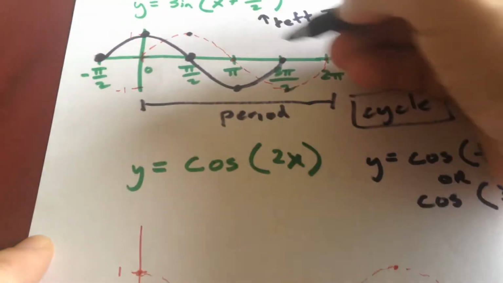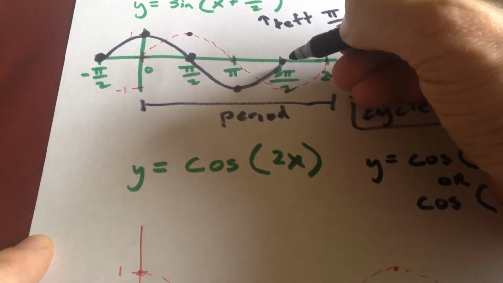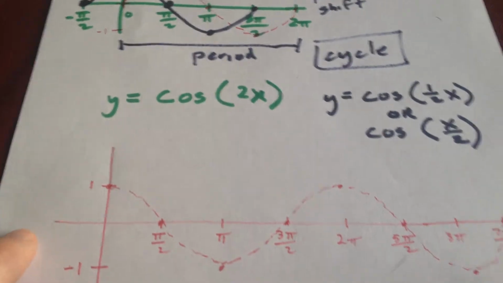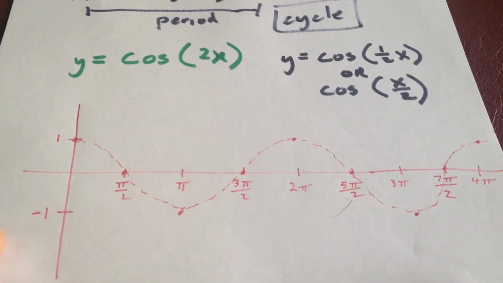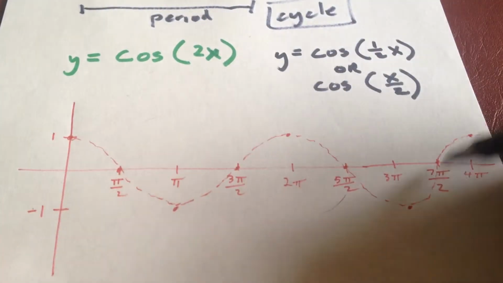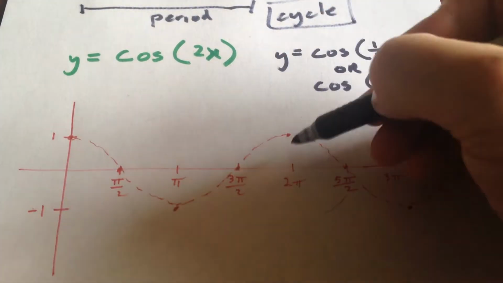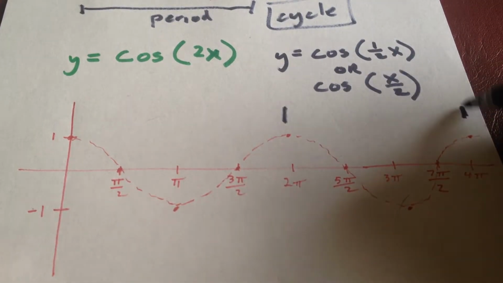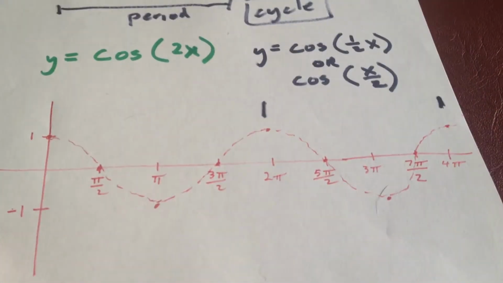Either starting at 0, ending at 0 if it's a sine, or starting at 1 and ending at 1 if it's cosine. All right, so down here I have an extended cosine curve. So this is cosine going all the way out to 4 pi. So there's one cycle or one period to there, and then there's another cycle or period to there.